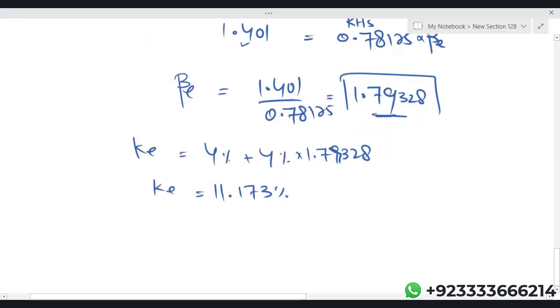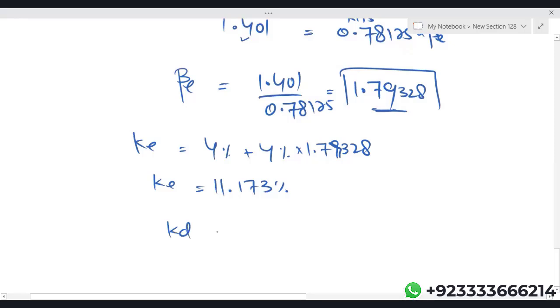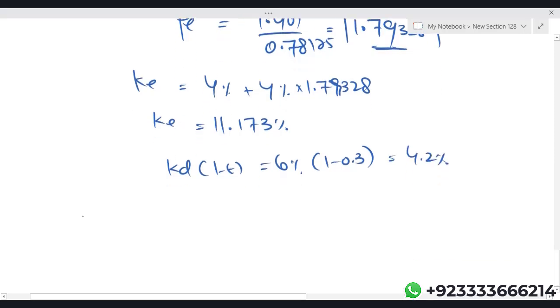11.173%. They have given us KD 6%, so KD (1 minus T) is 4.2%. So very easily we can calculate risk adjusted WACC.